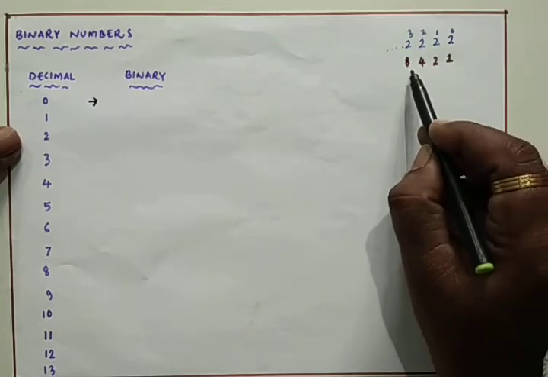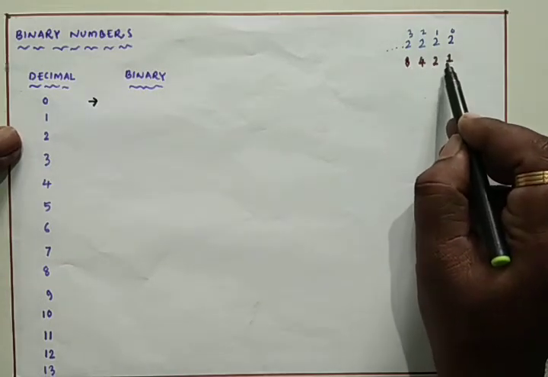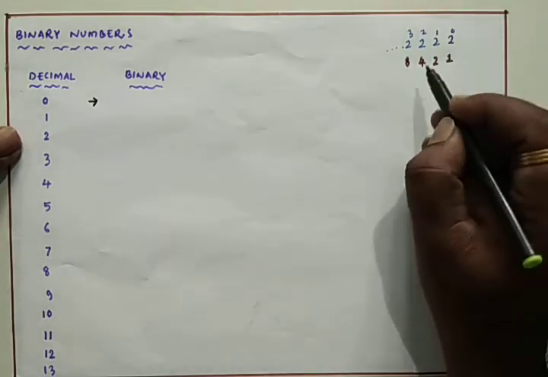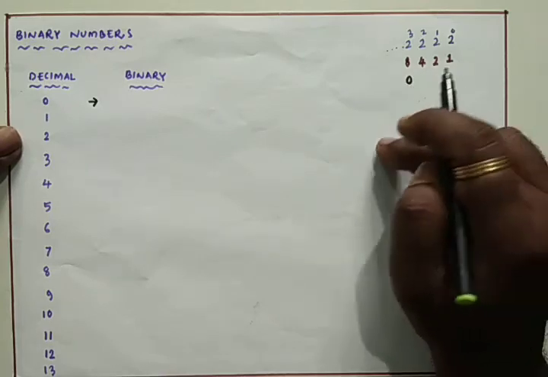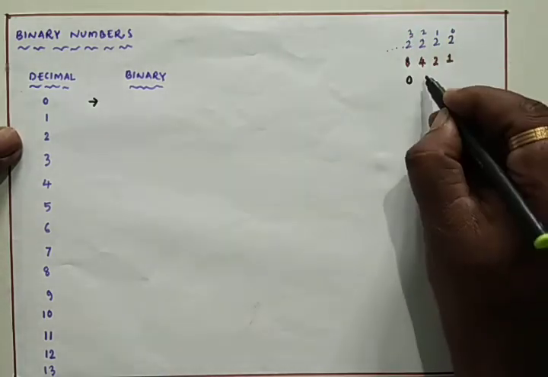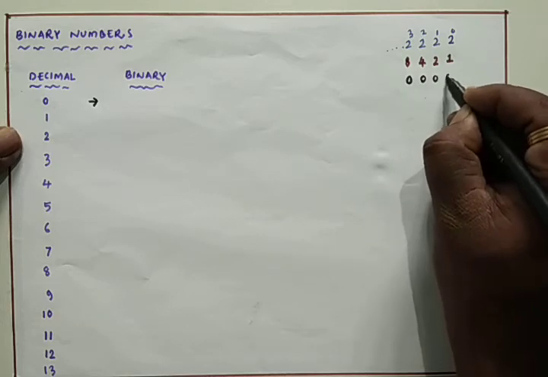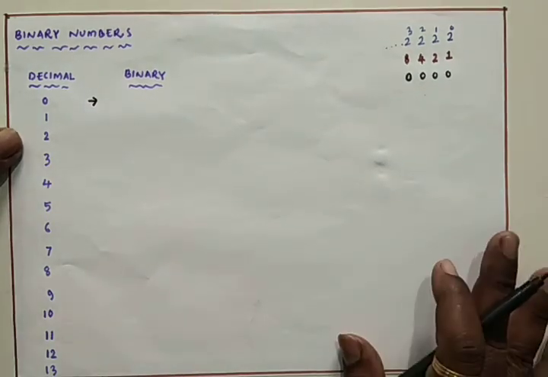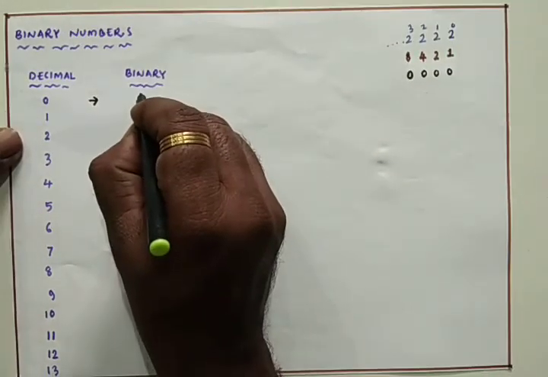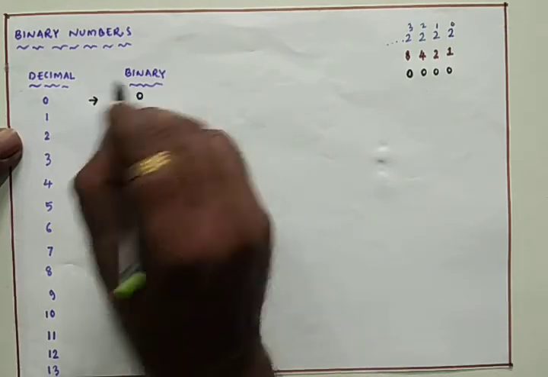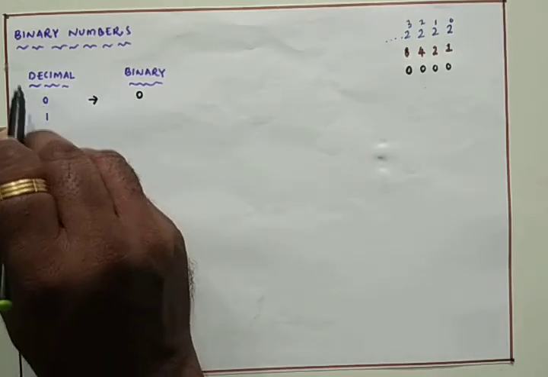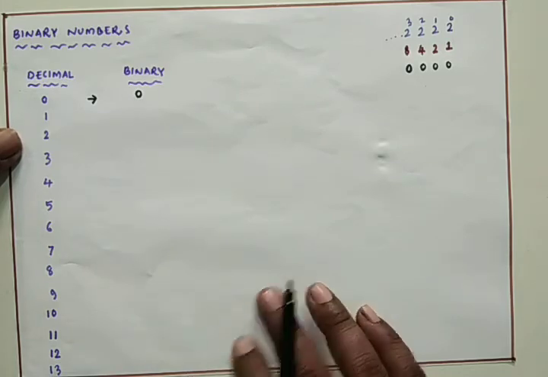Here I require to find the 0. Is there any 0? No 0 is there, so directly I can put all zeros. So the decimal number 0 can be represented in binary also as 0.